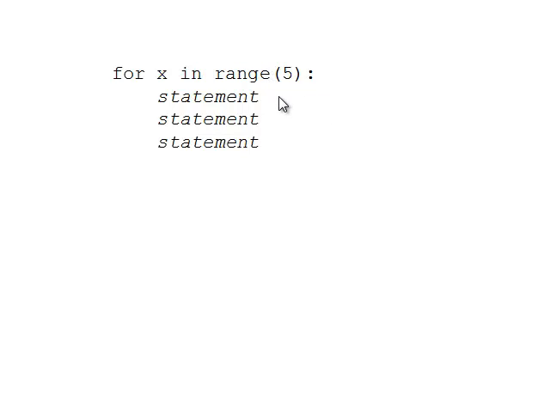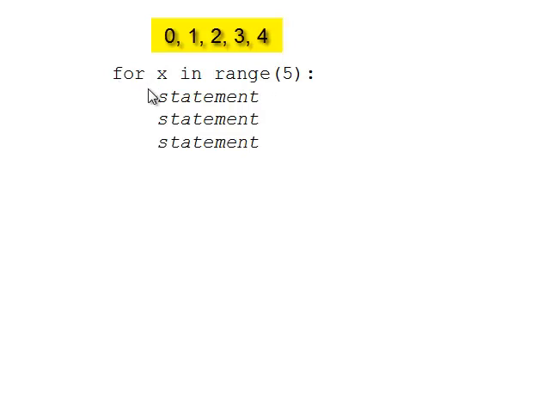So here we have a very simple example of the way the range function can be used. We're passing 5 as an argument. So in this example, the range function will return a sequence of values from 0 up to, but not including, 5. So it will return the sequence of values 0, 1, 2, 3, and 4.